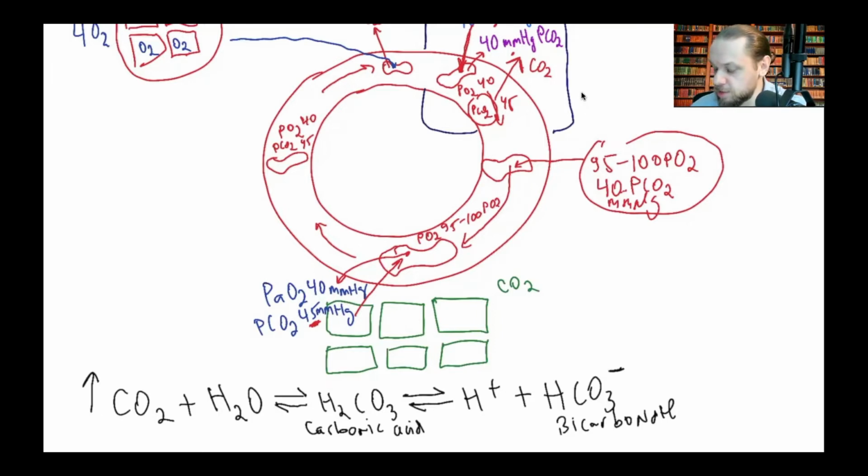This reaction is going to go this way. So CO2 that's being retained in their body is going to come together with water. It's going to make more carbonic acid, and we're going to have more protons in the body, and the person is going to become more acidotic.